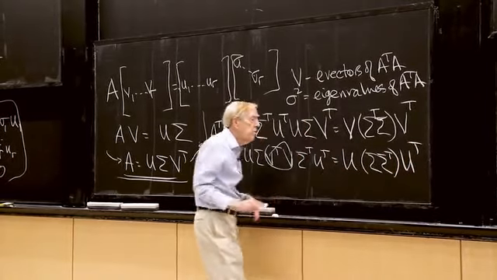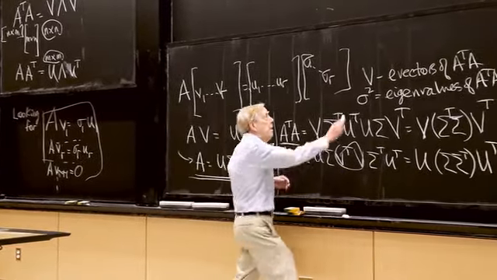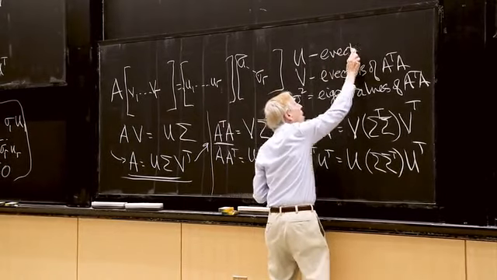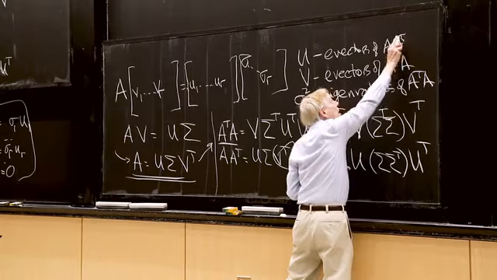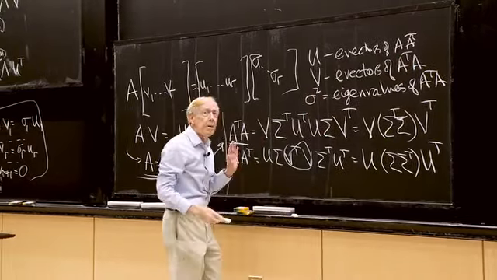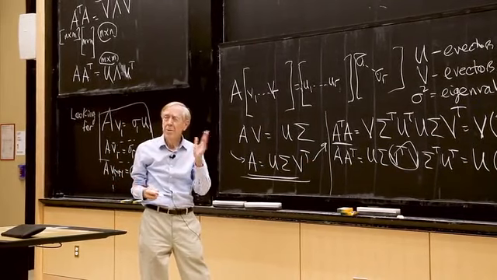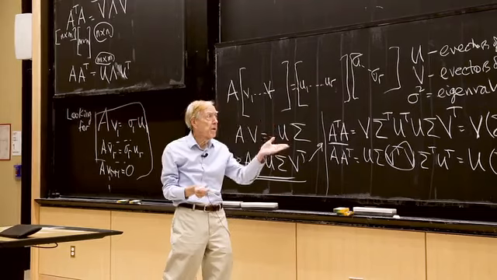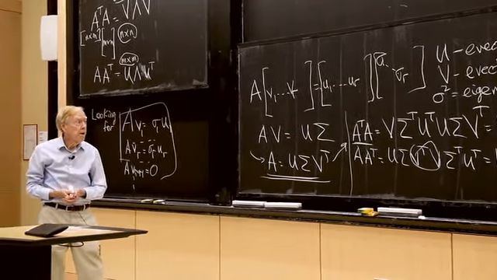So I know what the U's are too. They're the eigenvectors of AA transpose. Isn't that a beautiful symmetry? A transpose A and AA transpose are two different guys now, so each has its own eigenvectors, and we use both. It's just right.